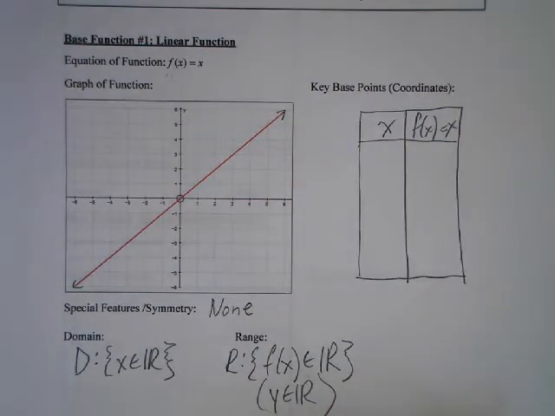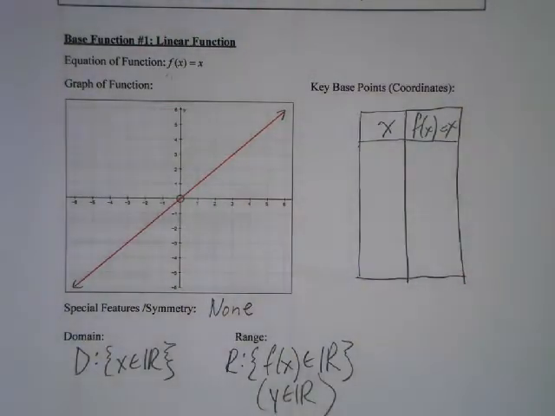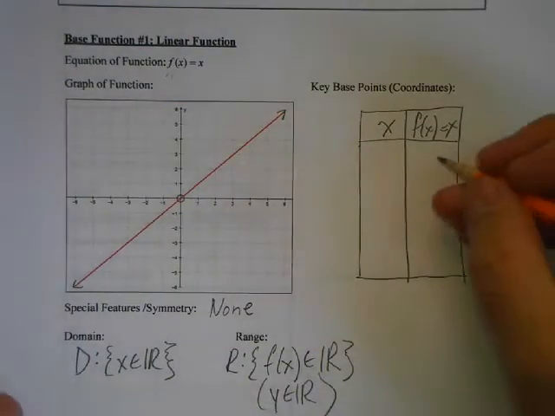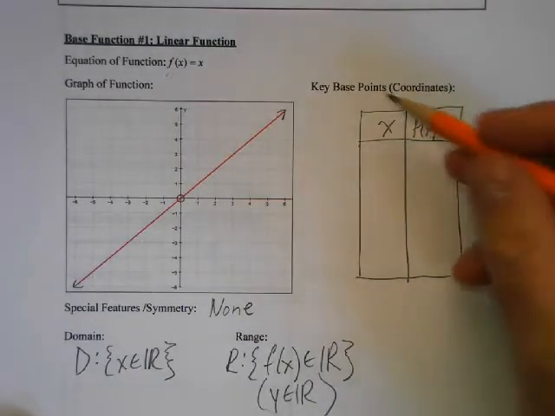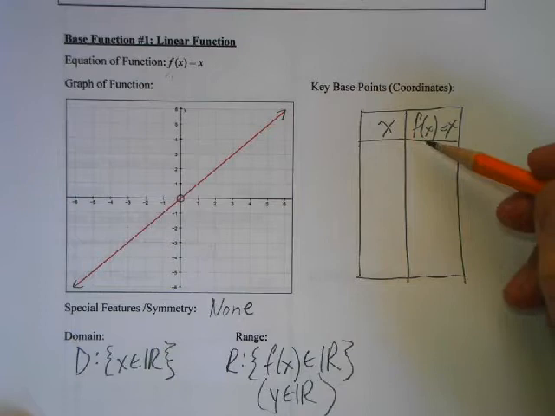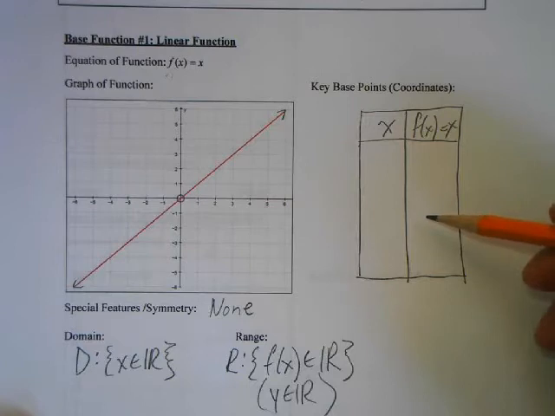Fortunately, a lot of the base functions have very similar looking base points, at least for the x values. For the linear function, we're going to provide enough base points that if I was to plot them, it would give me a really good representation of what that function looks like.